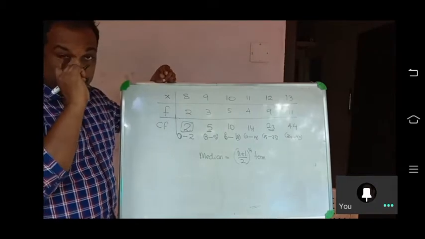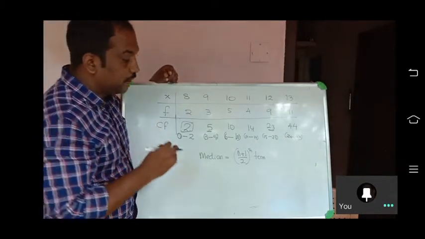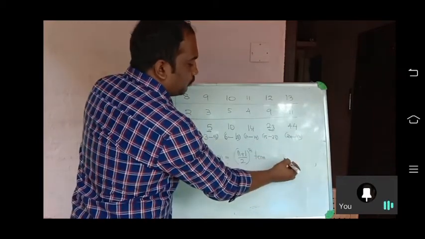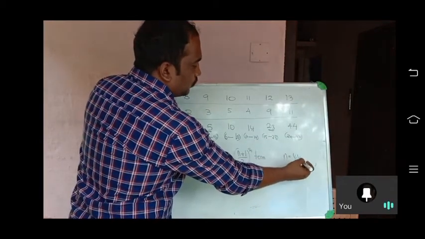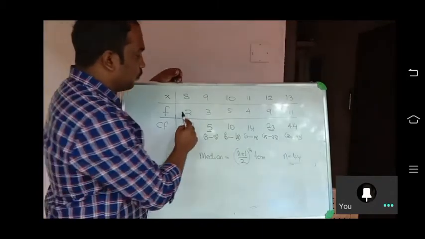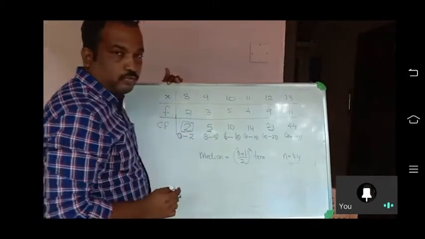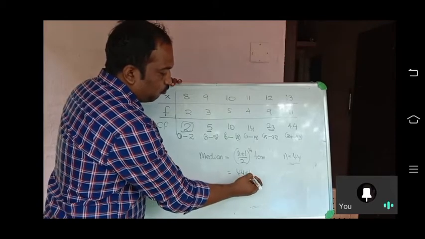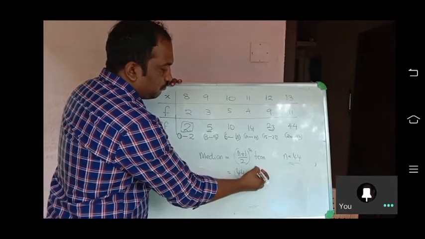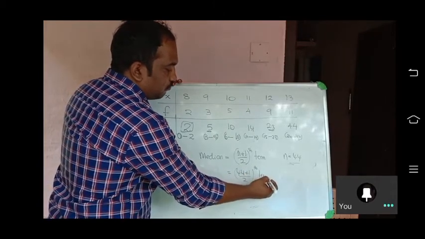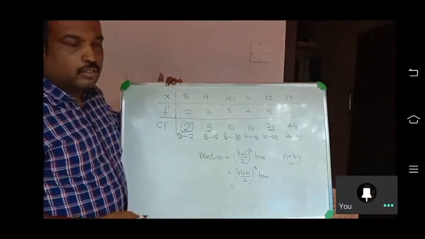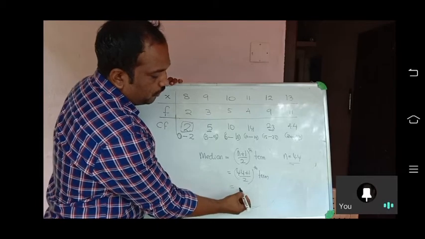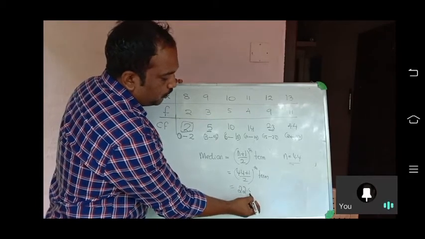We have a total of 44 terms here because the sum of the frequencies is 44, which gives 44 plus 1 by 2 the term, that is 45 by 2, which is the 22.5th term.